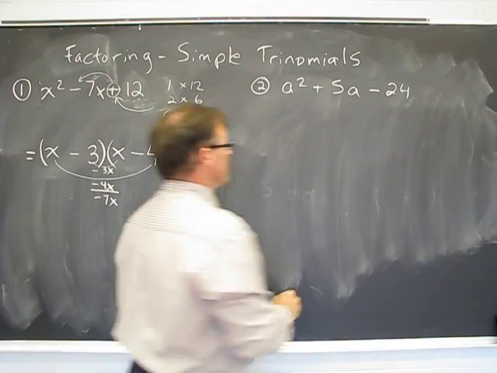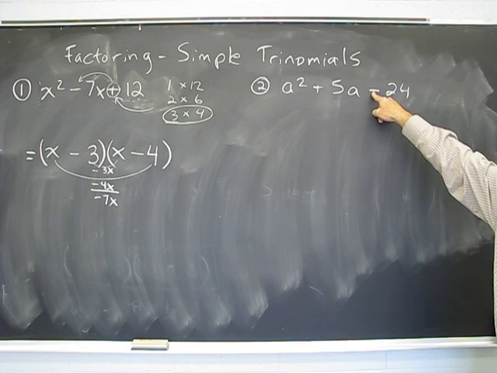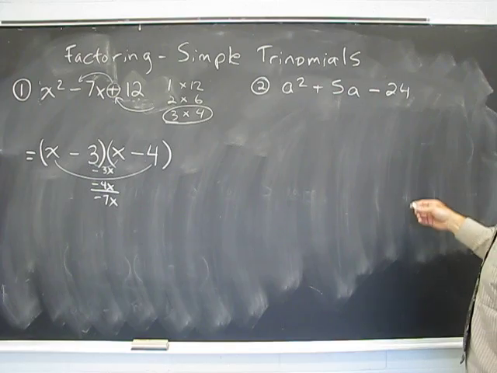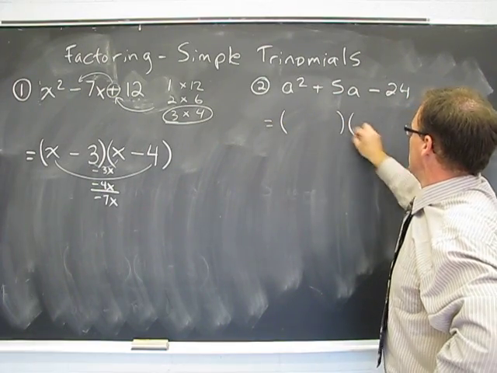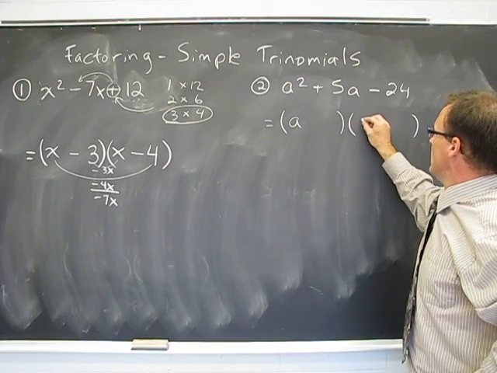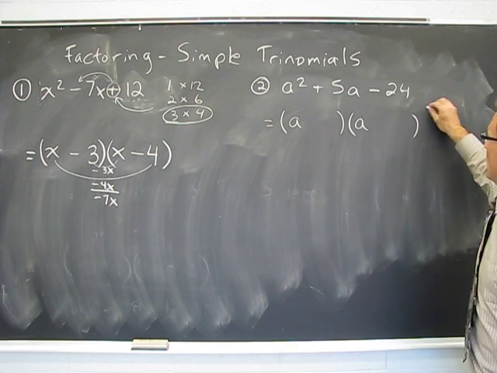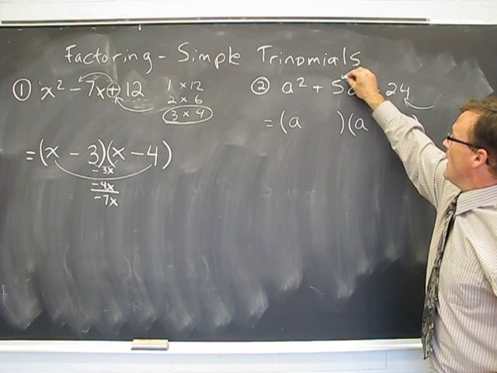I can do the next one a little bit faster, but I'll tell you right now, the fact that this last term is negative makes it a little bit more difficult. So for the first set of questions, I can actually start setting it up right away, taking the a's for the front, and I need to look at the 24, and I say, are there factors of 24 that are going to subtract to give a 5?